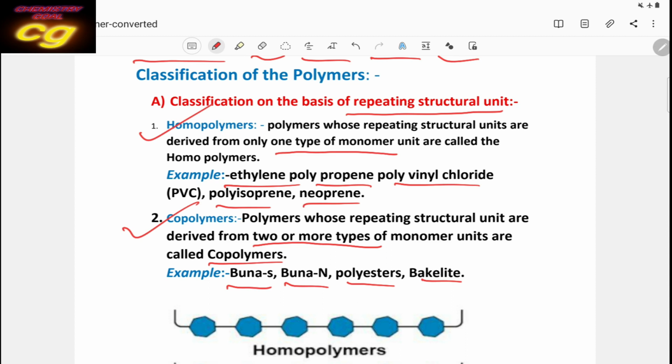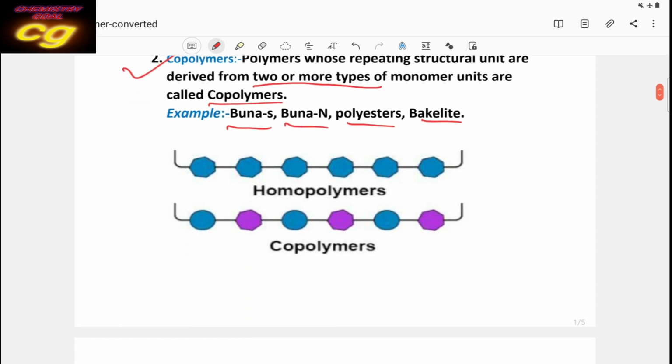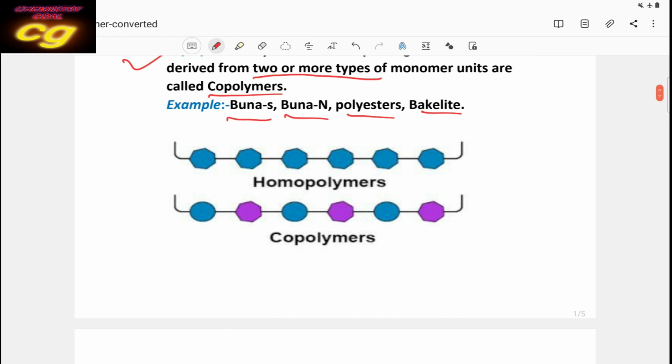Okay, you see the difference between copolymer and homopolymer in the structure. Here, the first one is homopolymer. You see these are made of the same type of repeated units, all are similar. These are blue hexagons combined, so these are the same.